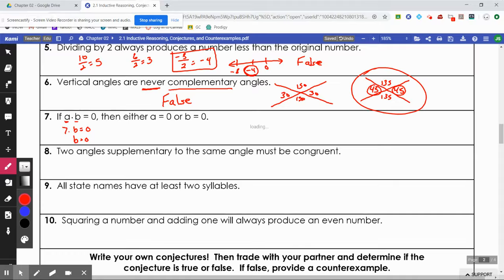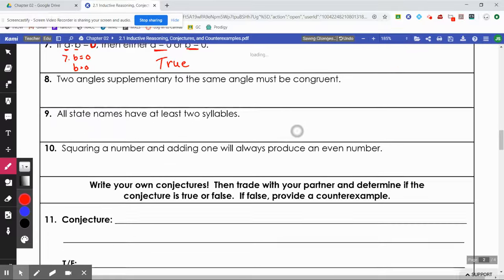What if B is 6? Then that means A is 0. What if A is 3? Then B is 0. So if A times B is 0, I would say that in order to multiply two numbers to give you 0, yeah, one of them's got to be 0. And you'll learn in algebra, if you don't remember, that that's actually called the zero product property, and that would always be true. One of them's got to be 0 from the zero product property.